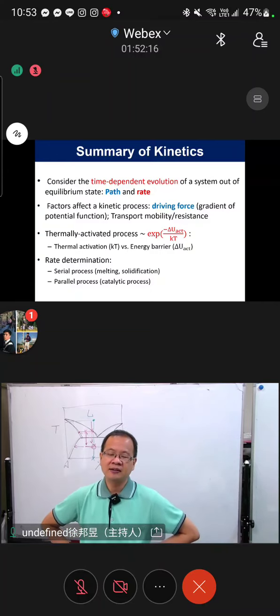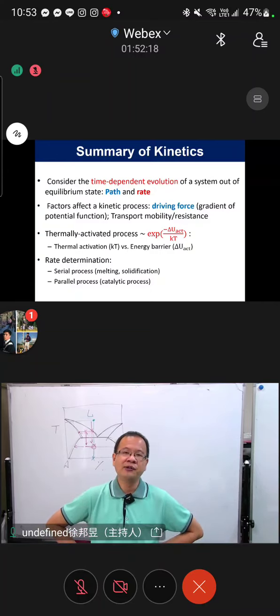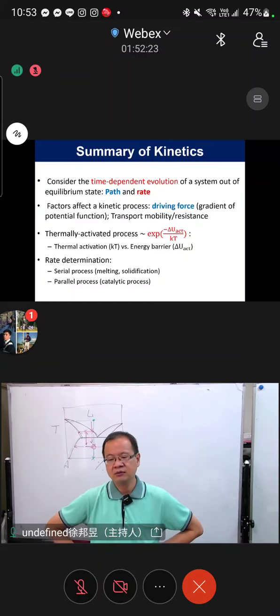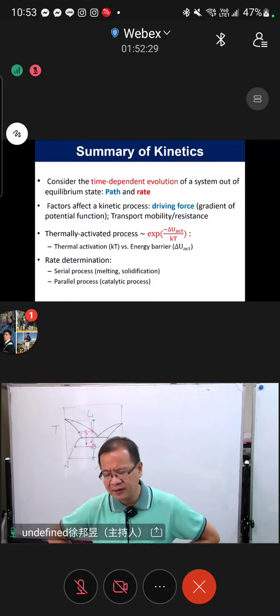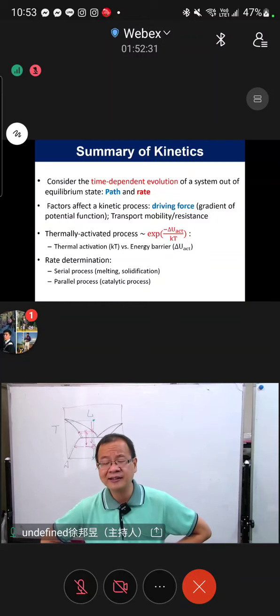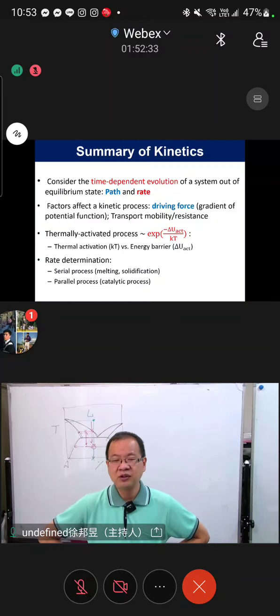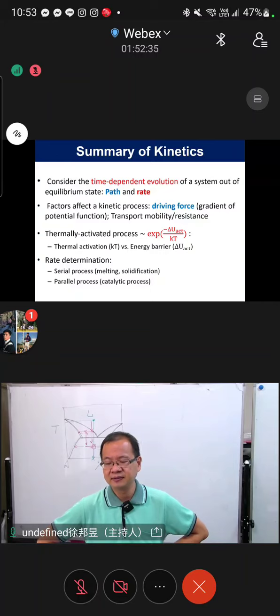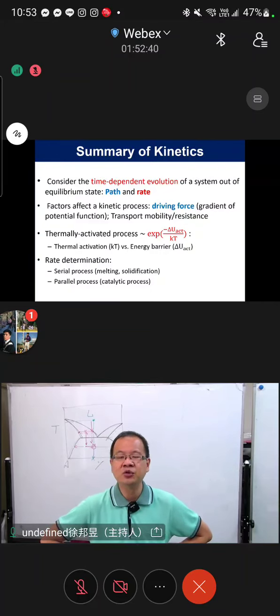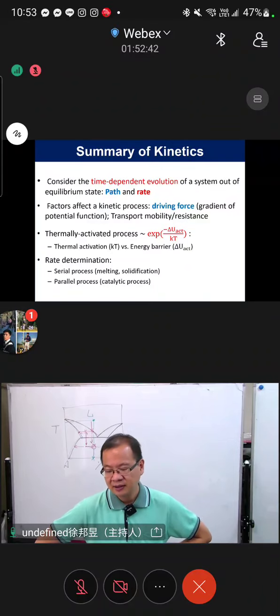Then the kinetics will tell you how quickly or how slowly this process happens. So the path and the rate. Actually, I should label the path as rate. I'm so sorry. That's kinetics, because you can choose different paths to reach the same thermodynamic targets. So I should use path and rate. Sorry, I will fix that.